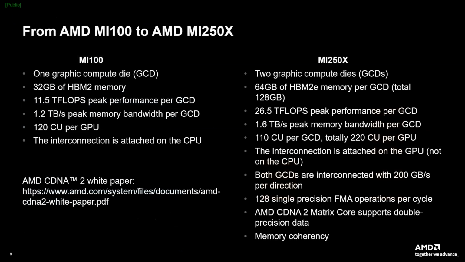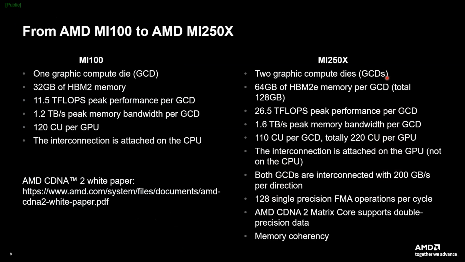Now, if I compare MI100 and MI250, again because maybe some people have experience on MI100, we have one graphic compute die. Here I have 2 graphic compute dies, okay? So in order to utilize both GCDs, you need to reserve 2 GPUs. If you reserve one GPU, you cannot utilize the two GCDs.